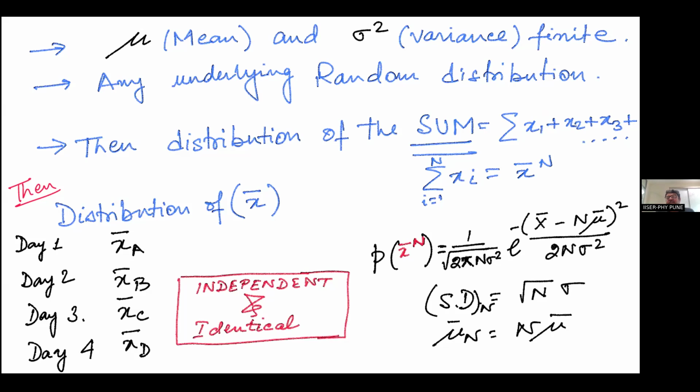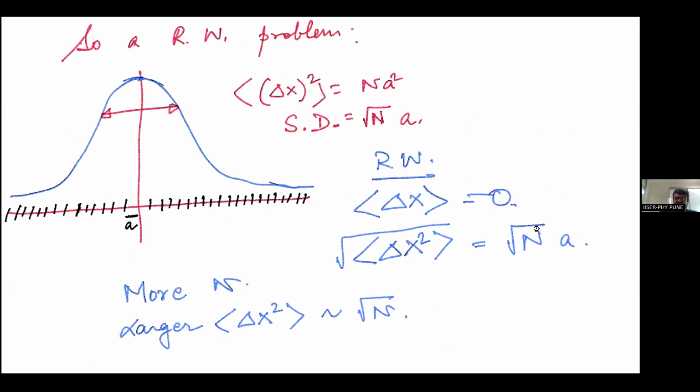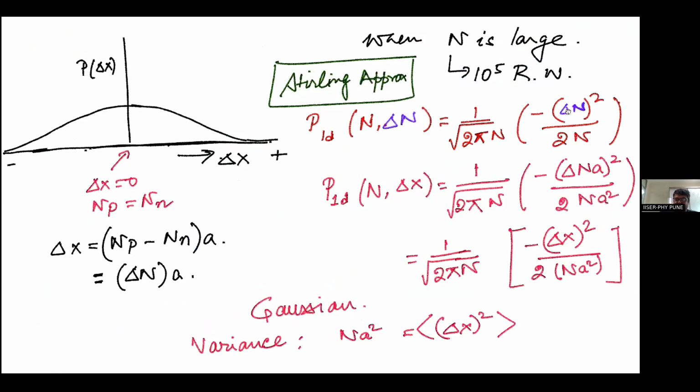So in the case of random walk, the mean was 0. So that's why you had just delta x whole square. You didn't have a minus mu n, right?